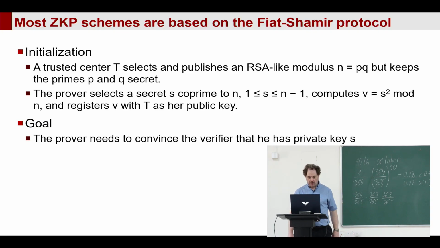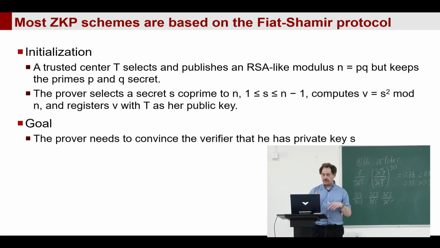Now, the prover selects a secret s, which is co-prime to n. So s is a number between 1 and n minus 1 inclusive. Then the prover computes the square root of s modulo n, which we denote as v, and discloses v as the public key by publishing it.